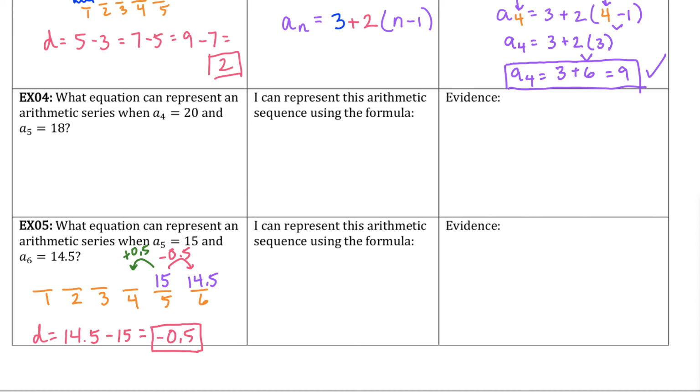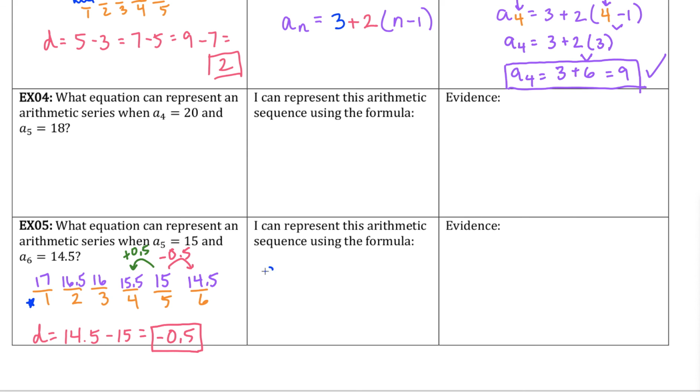So I end up with 15 plus 0.5 is 15.5. And then I get 16. And I get 16.5. And then I get 17.